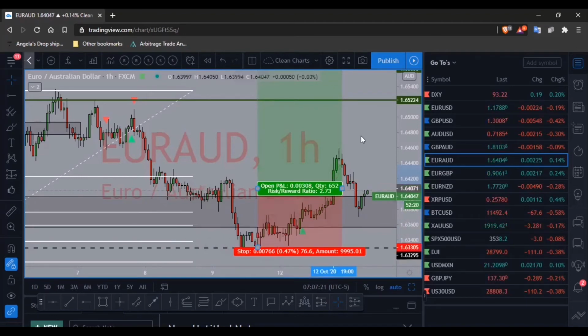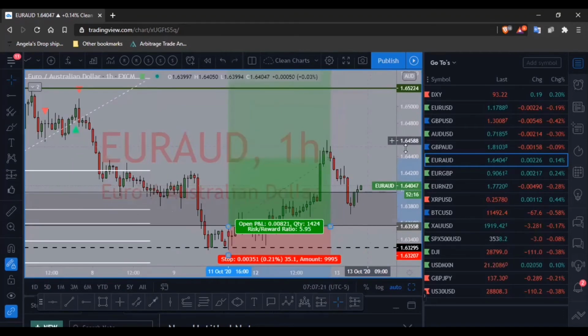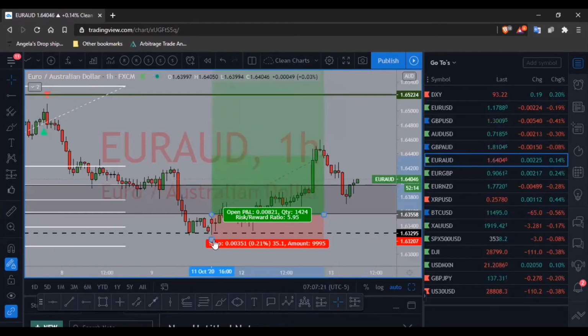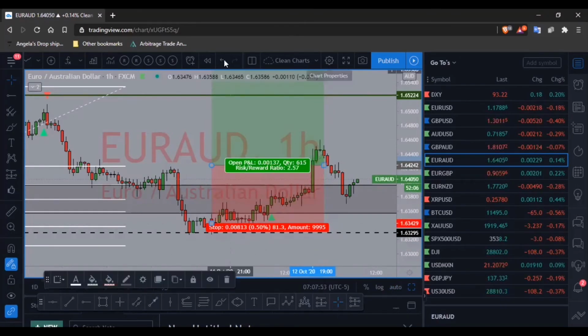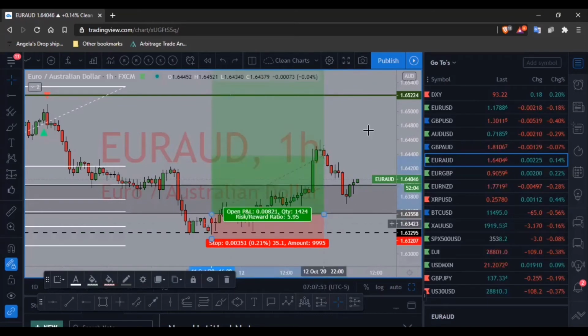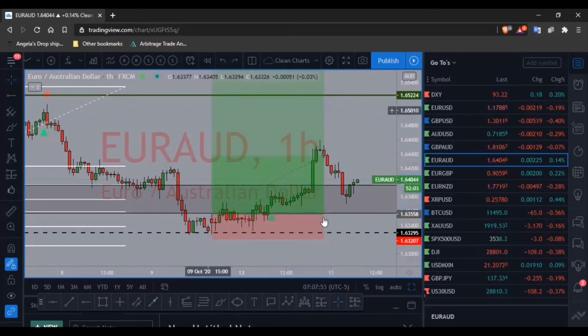Okay, that's getting annoying. Let me zoom in real quick. I'm trying to push the stop loss up. Anyways, this trade's at break even. Price almost came back and hit stop loss at break even.